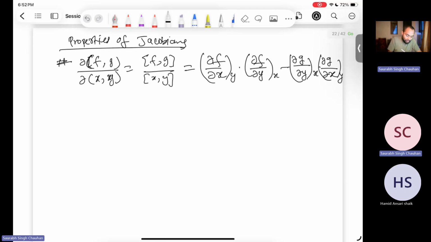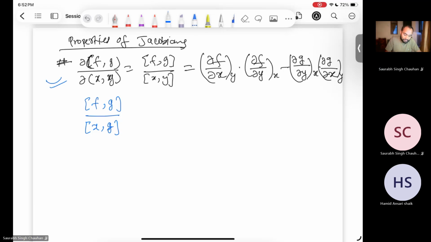Now coming to the properties. The first property: you have the Jacobian of f and g with respect to x and y, defined like this. Now if you take the Jacobian of f comma g with respect to x comma g, so g is coming in the denominator as well as the numerator.